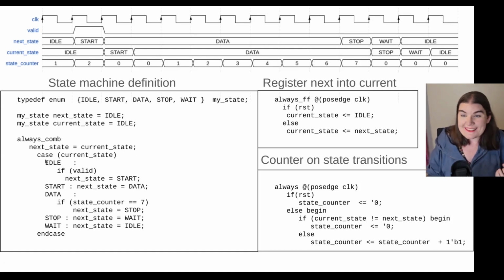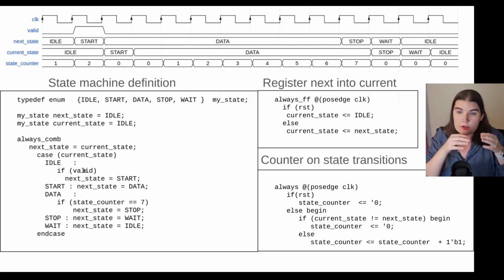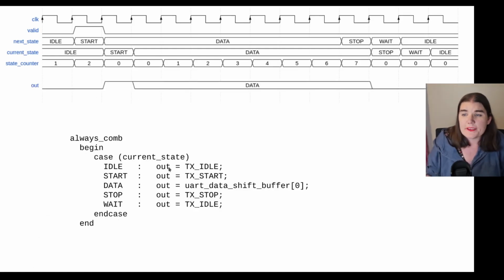So now, instead of just having valid, I have a string of 3 different signals that I need to check: ready, valid, last. If I didn't have the state machine on this output, I would also need to have ready, valid, last to drive this output case.